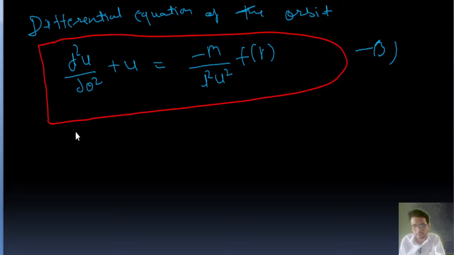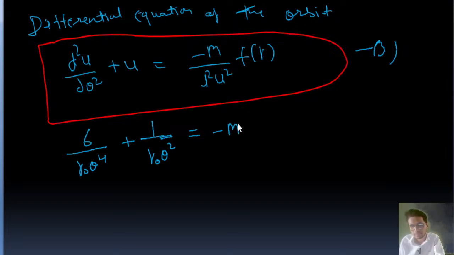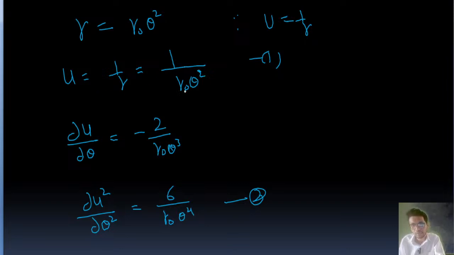So after putting the value, it is going to be 6 upon r naught theta to the power 4 plus 1 upon r naught theta square, and that is going to be equal to minus m r naught square theta to the power 4 upon L square and f of r, because in place of u square we have put the value of u. u is 1 upon r naught theta square, right?